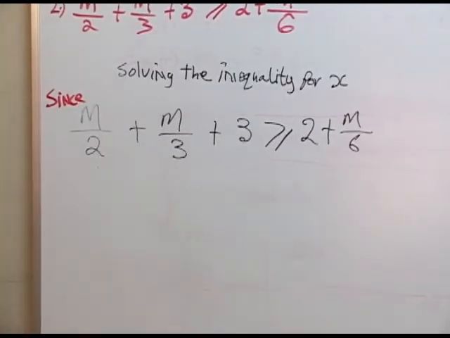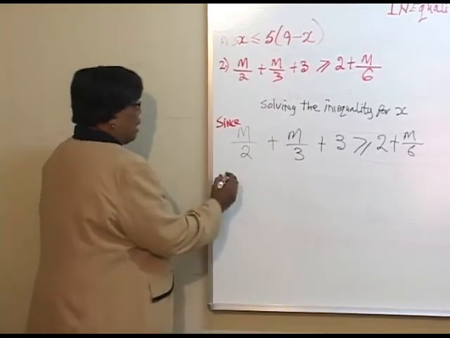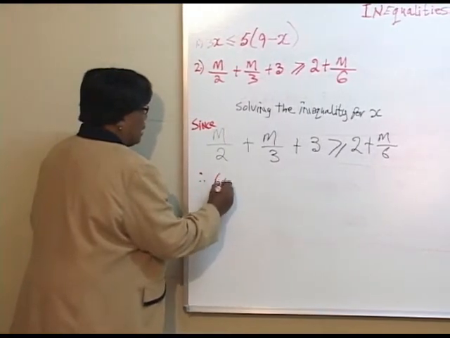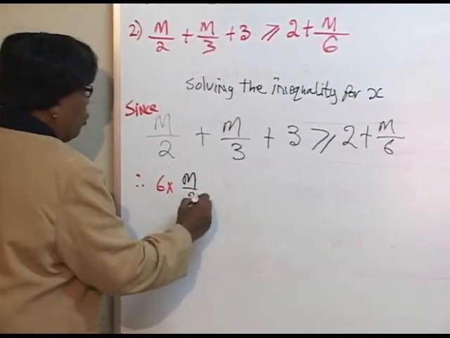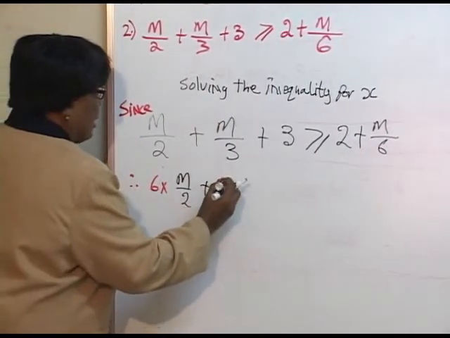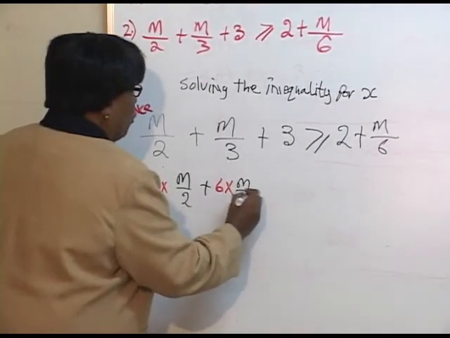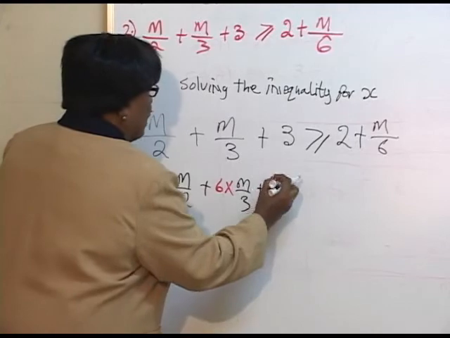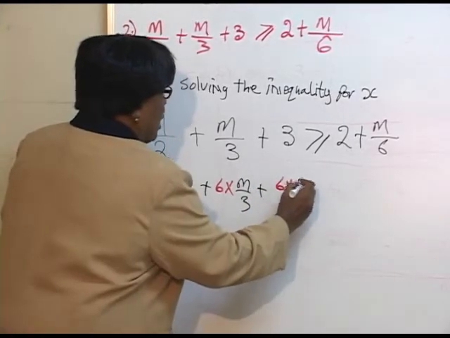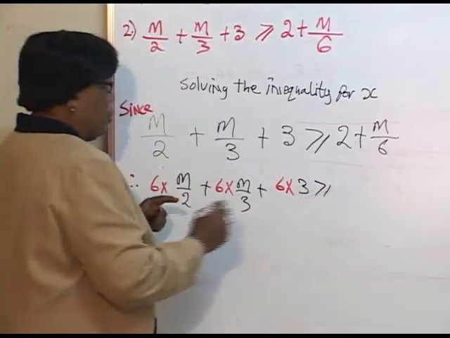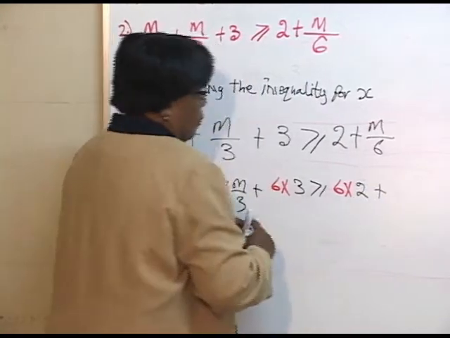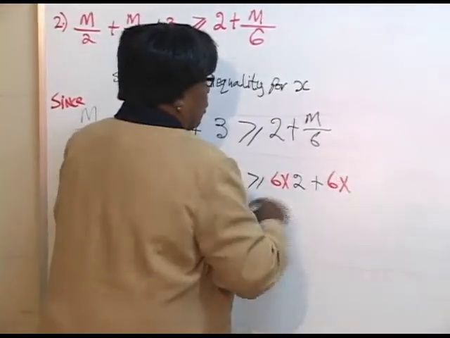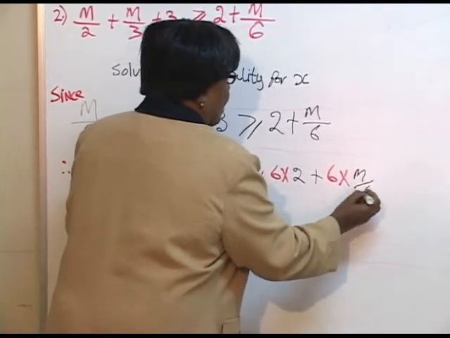So we're saying since m over 6 is something, then we can say, therefore, we can have 6 times m over 2 plus 6 times m over 3 plus 6 times 3 would be greater than or equal to 6 times 2 plus 6 times m over 6.